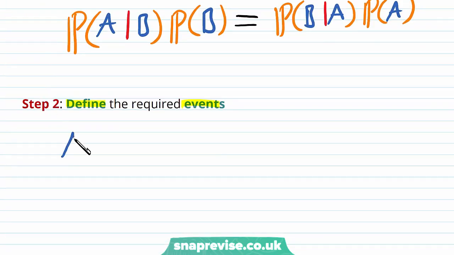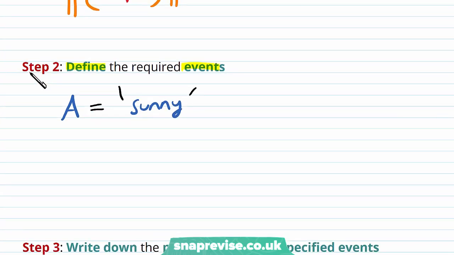Let's let A be the event that it is sunny in the afternoon, which I'll denote as sunny. Again, we should be specific, but I'm just going to annotate it as sunny. And B be the event that James brings his sunglasses on that given afternoon, but I'll just write that as sunglasses.